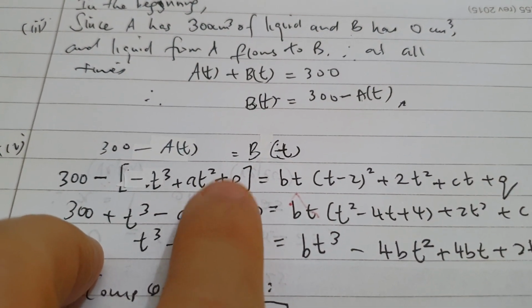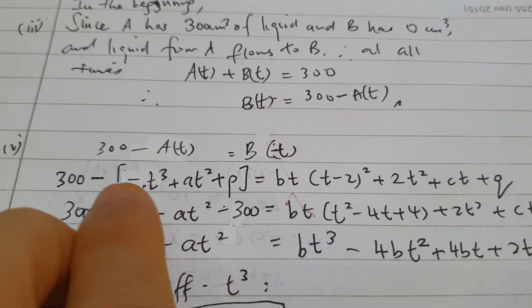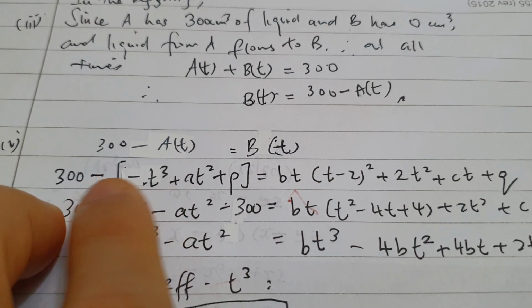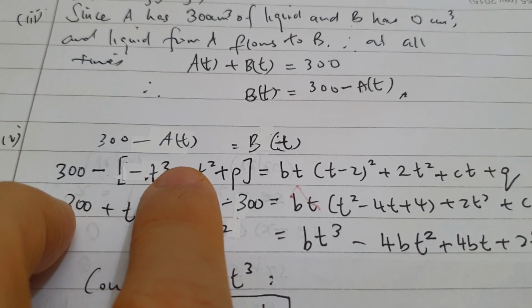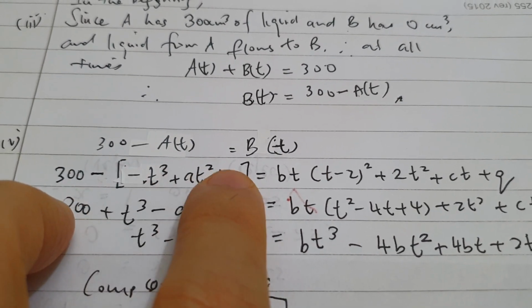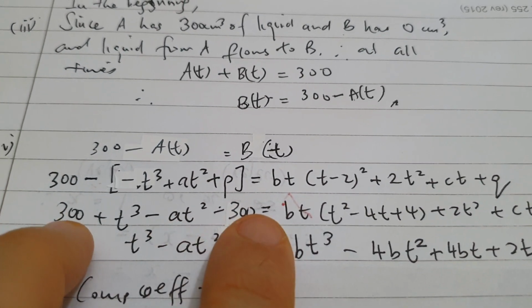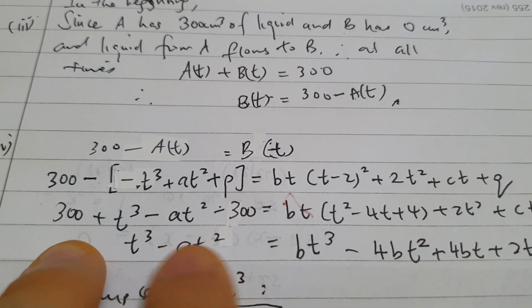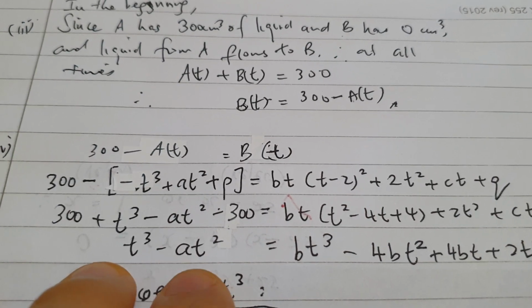And I already know that this p is 300, but this minus here multiplied by this will be positive, multiplied will be negative, multiplied will be negative. Okay, and then this 300 minus 300 will cancel off, leaving just this on the left hand side.